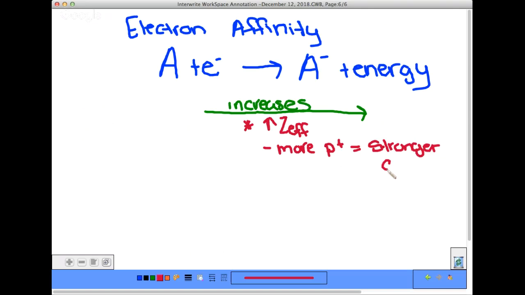If we have a stronger attraction, more energy is released when an electron is added. If we go down, we see that our electron affinity decreases.